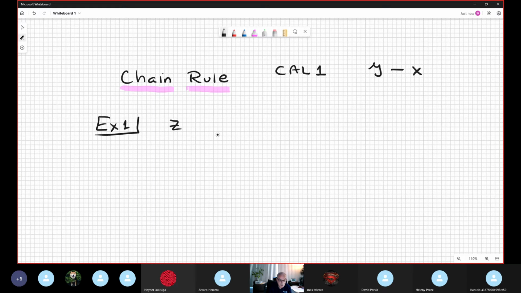Suppose z is equal to x squared y plus 3xy^4. But x depends on a new variable: x is sine 2t. And y depends on the same variable: y is cosine t.